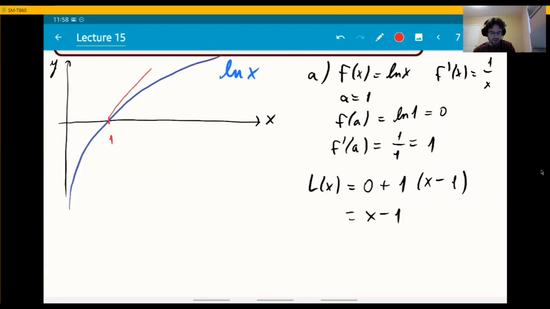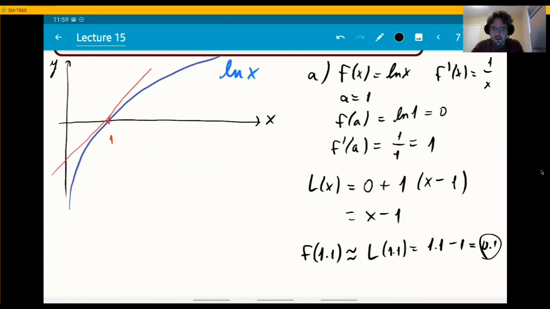The tangent line at that location is the line y equals x minus 1. It makes sense, right? This looks like what this line would be. Okay, so this is ln of x. Ln of the number that they asked about, 1.1, is approximately L of 1.1, which is 1.1 minus 1, 0.1. This is the approximate value for ln of 1.1.